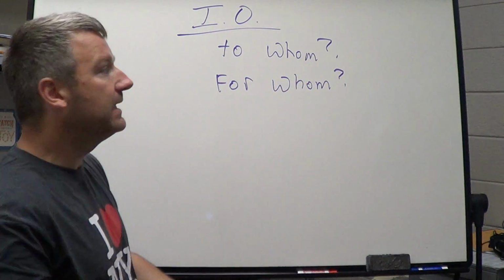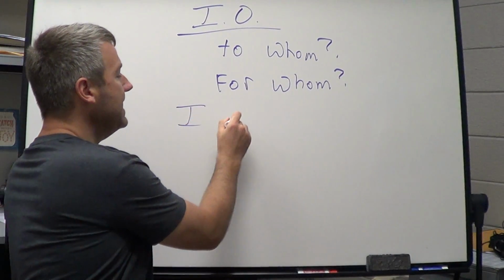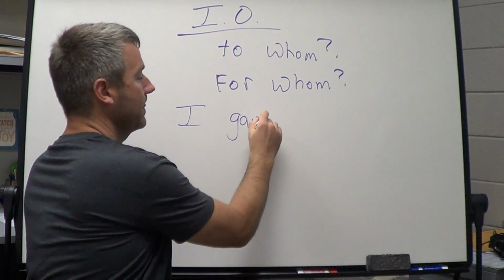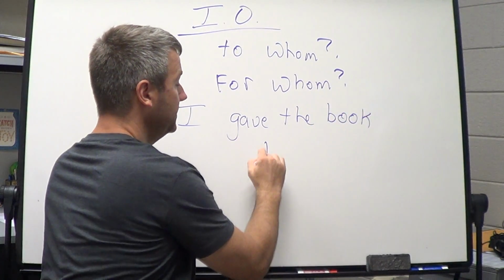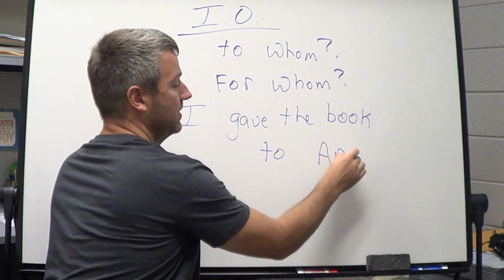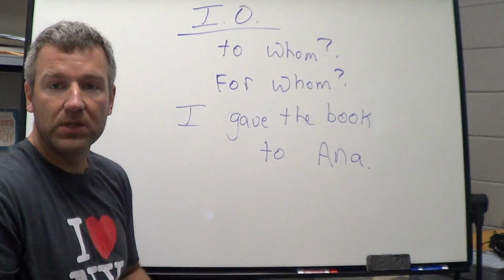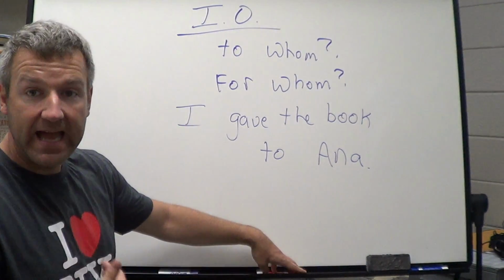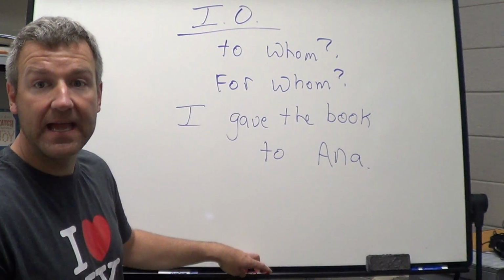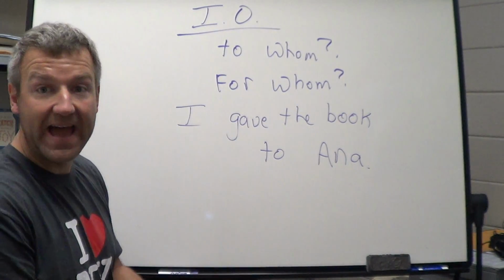For example, in English, if I would say, I gave the book to Anna. Okay, so let's do a little bit of identifying right here. You see that I is the subject because I am the one who is doing the action.